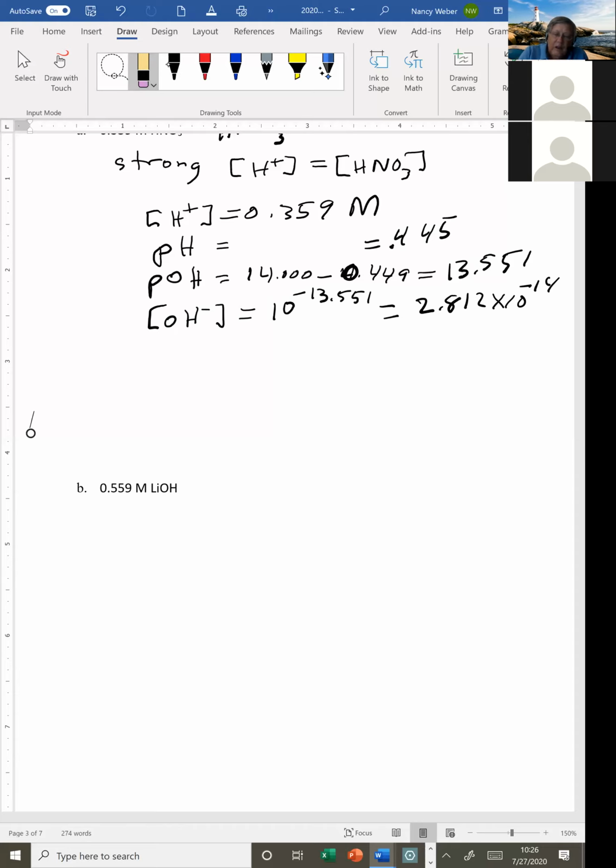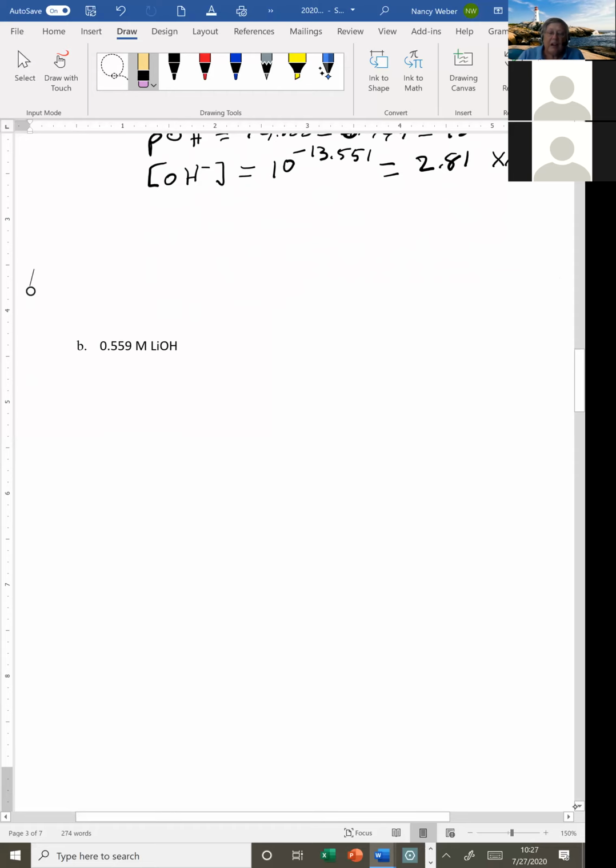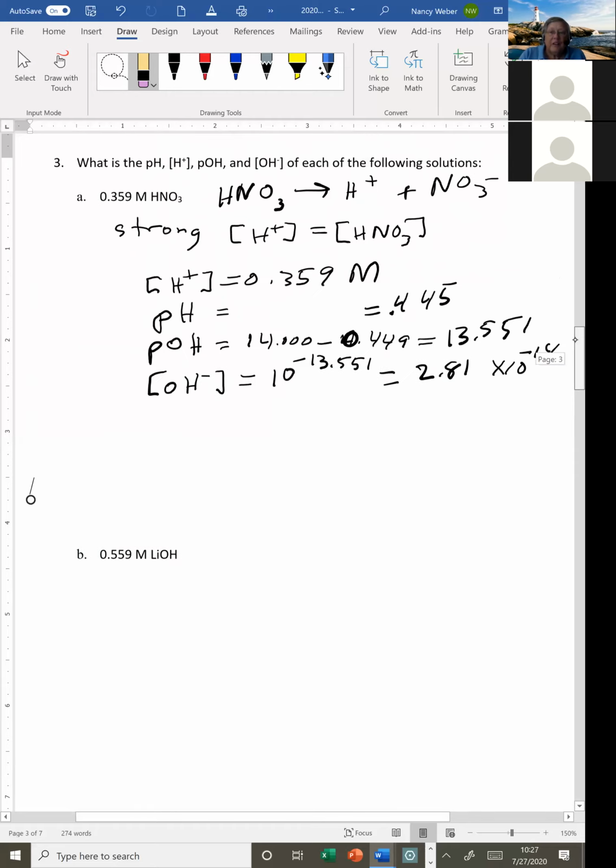And we want 3 significant figures there. Does that look better? Yes, thank you. No, thank you. I'm glad you caught that. It's so easy to make mistakes on this stuff, and that's why you need to go back and check. Is everybody okay with that and understand?